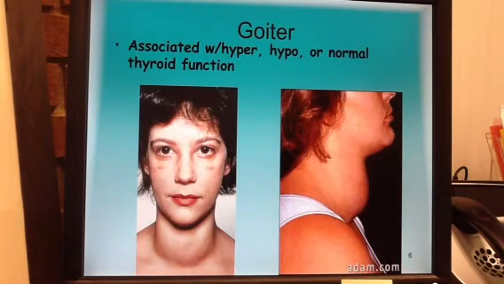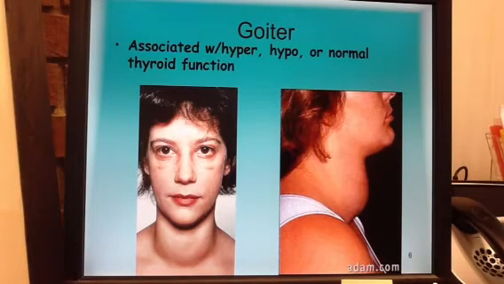A goiter is an enlargement of the thyroid gland. It may result from hypertrophy caused by excessive stimulation of the thyroid gland by the TSH hormone, TSH coming from the pituitary. TSH stimulation is caused when there's not enough circulating thyroid hormones or when there are other goitrogens.